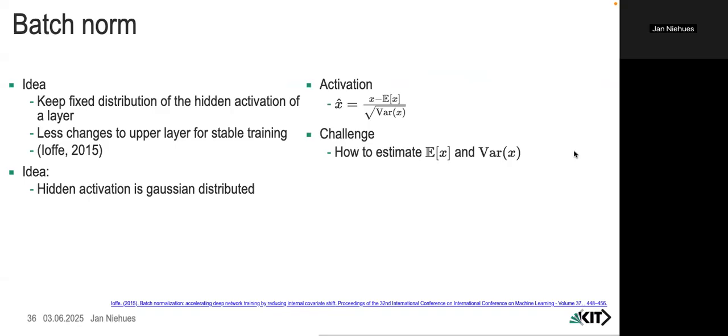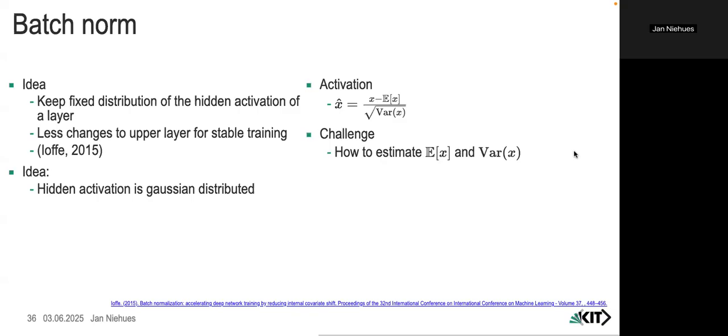If we're changing the lower layers very strongly, that will affect the upper layers and they have to learn something completely different. And of course, we want to keep being stable. And therefore, the idea is that we somehow keep the distribution of the hidden activations of a layer stable.